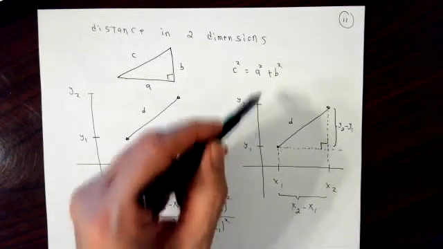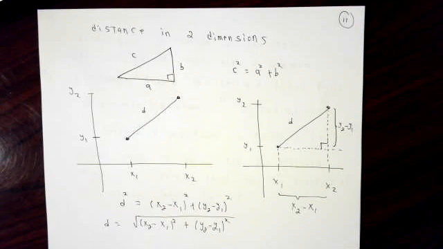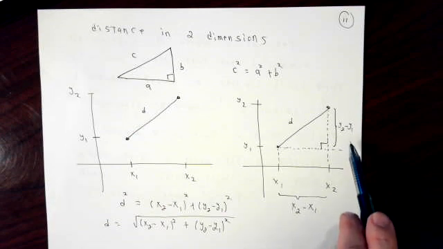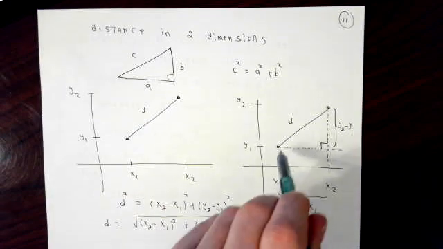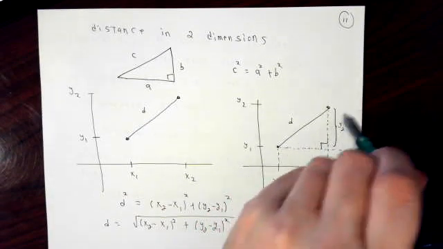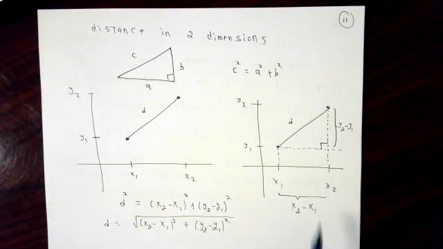Likewise, use the y-axis like a ruler, and pretending that y2 is the bigger of the two numbers, this distance is y2 minus y1. What the Pythagorean theorem says is the square of the distance that I'm after is this distance squared plus that distance squared. So I'm just going to write that fact down.